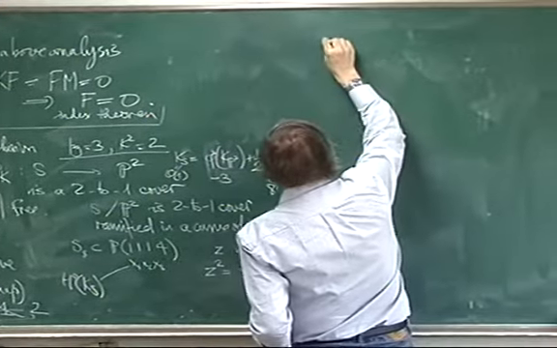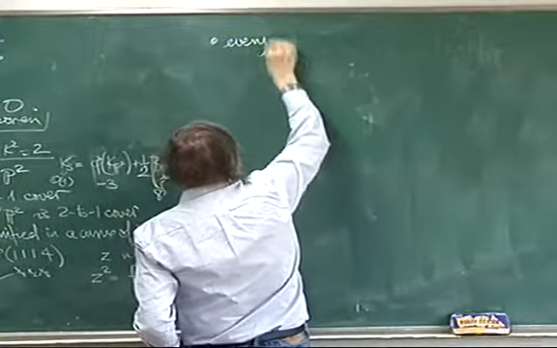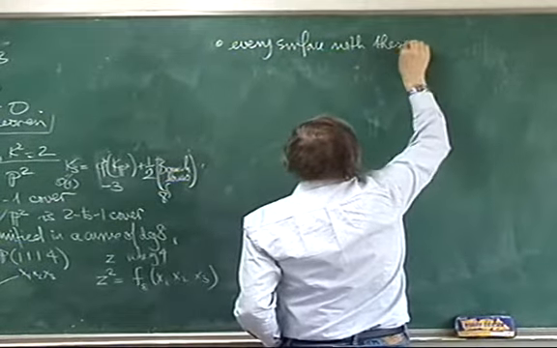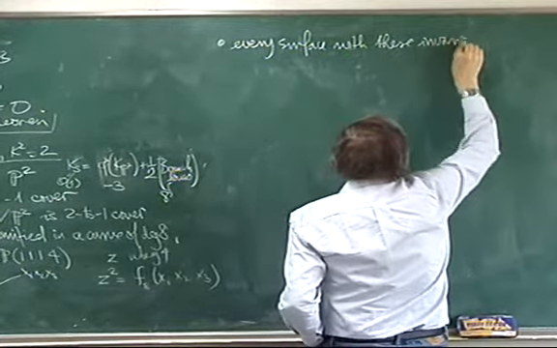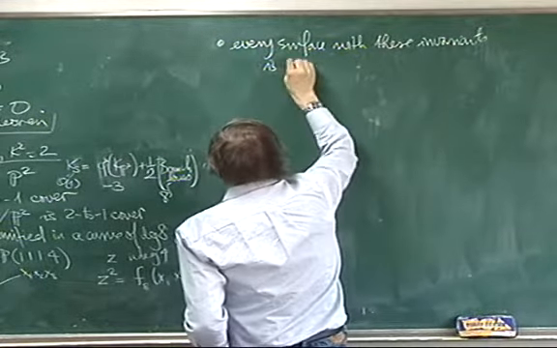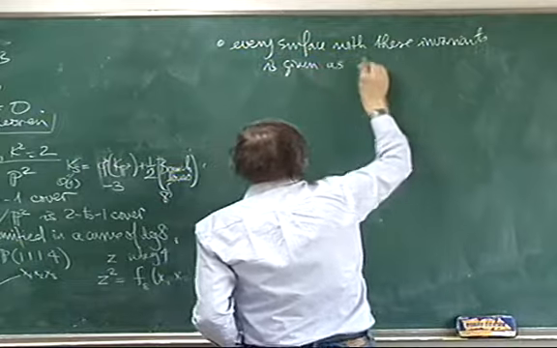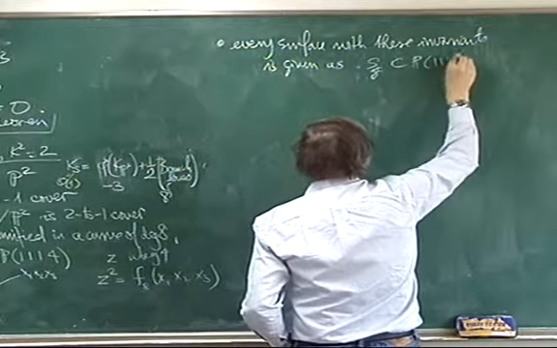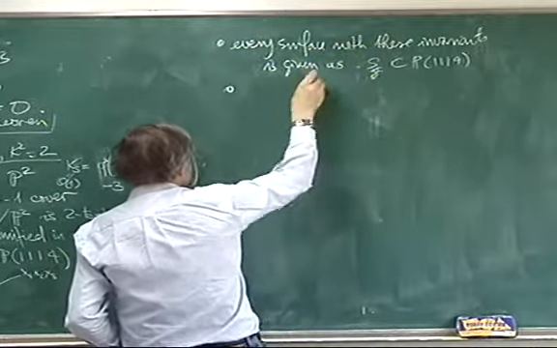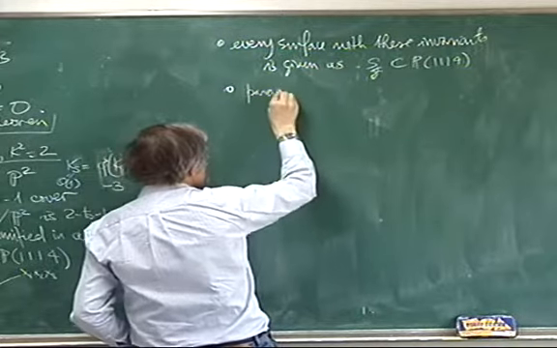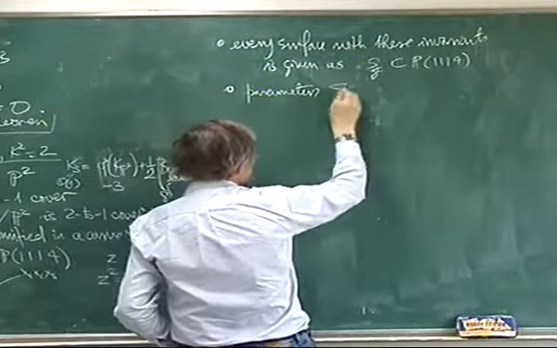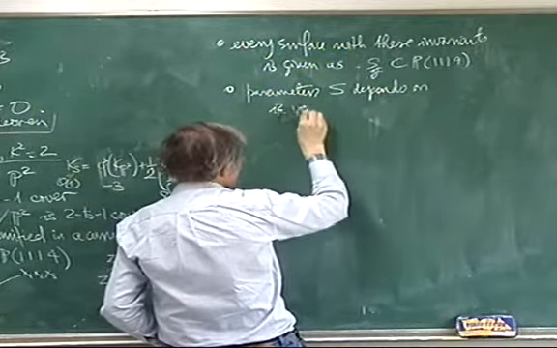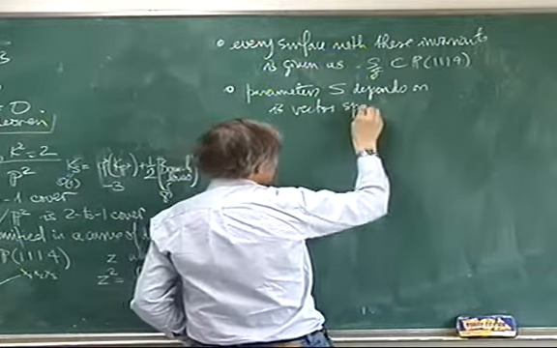So this is every surface with these invariants, given as S8 in P(1,1,1,4), and also the parameters that S depends on form a vector space of F8.